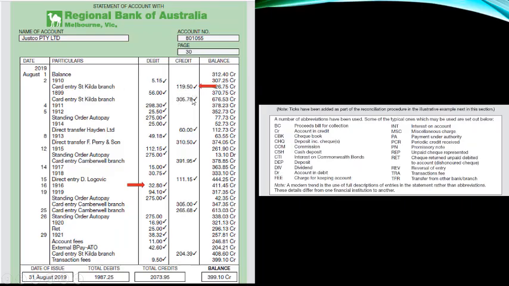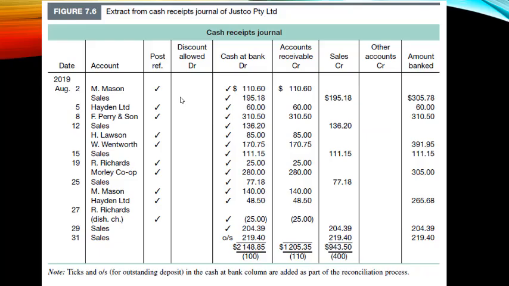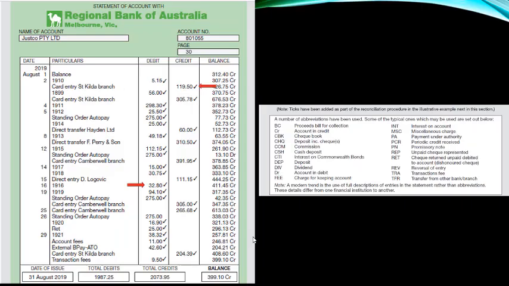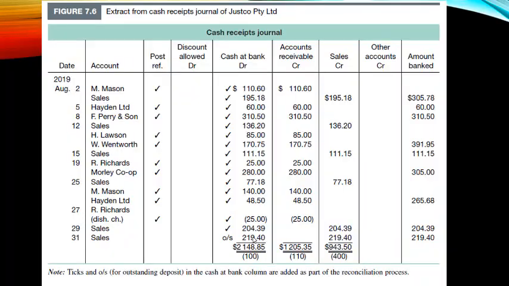That's a common practice: you collect the money, and then when you deposit at times, you combine those deposits. All the items here had been ticked, meaning they had been traced to the bank statement. Only this one is missing, $219.40.